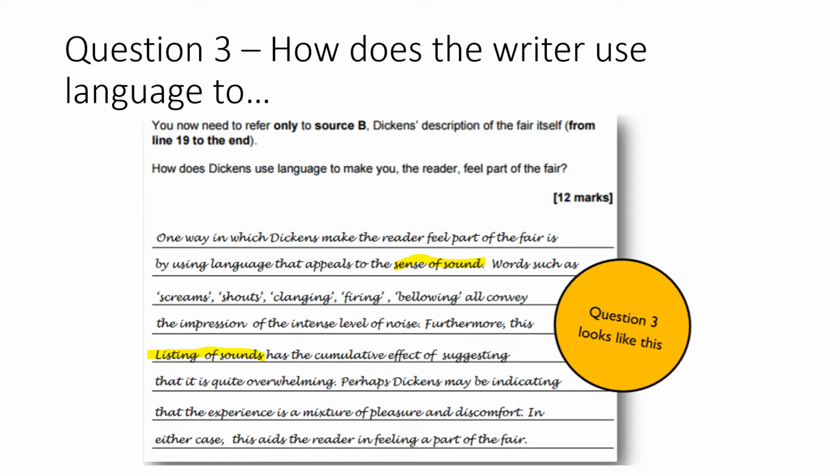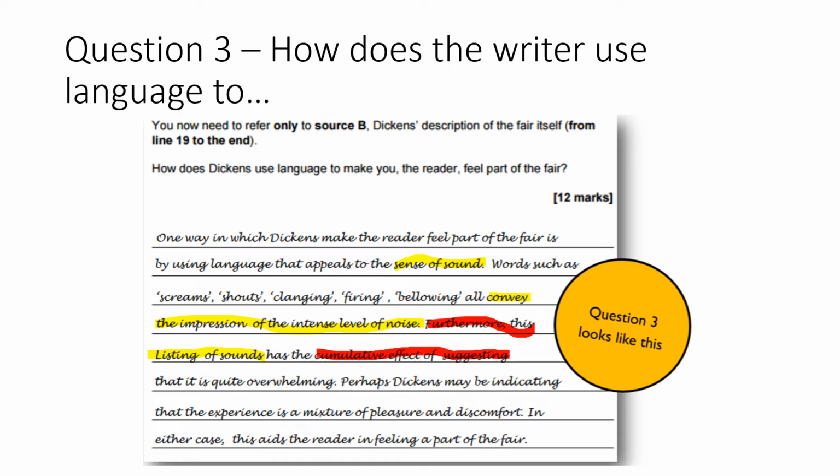Okay, so you can see there that once again they've used language techniques. So you've got the sensory imagery there. You've got the listing of the sounds, so screaming, shouting, clanging, firing, bellowing. You've got that understanding here of the effect of this sensory imagery. You've got further, I'll just highlight it in another colour. Furthermore has a cumulative effect, so we've gone further.